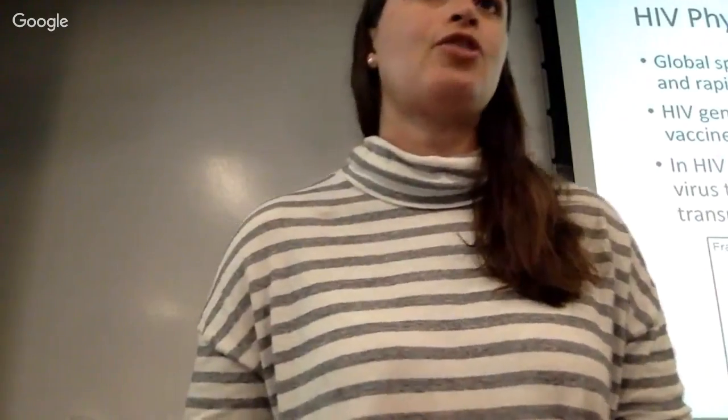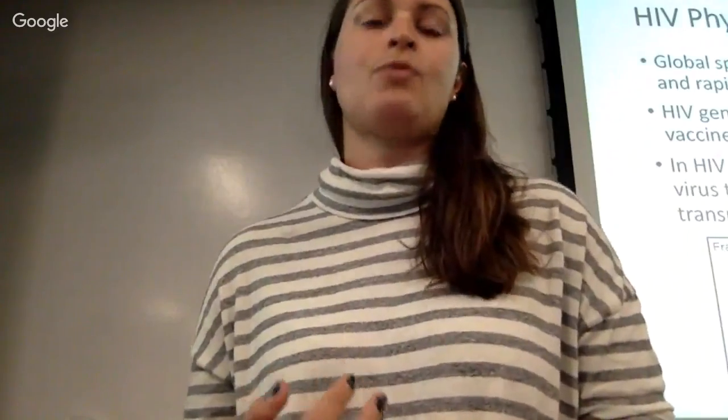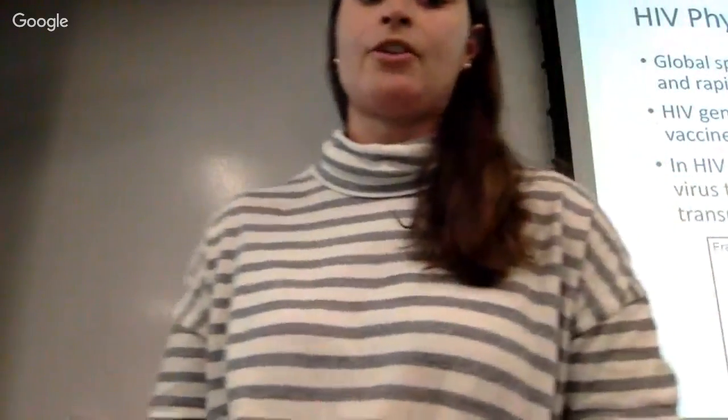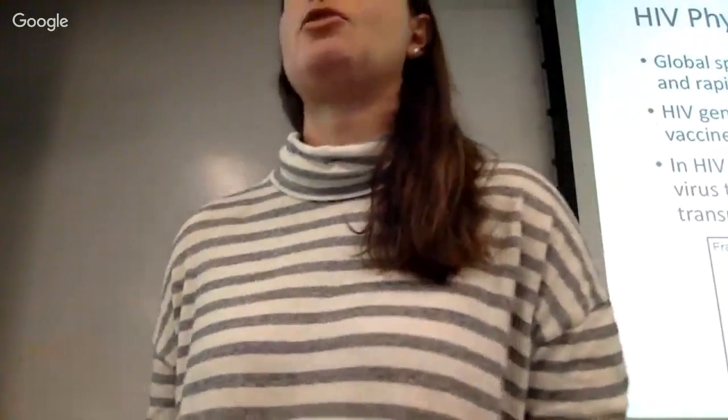The virus has very short generation times, high substitution rates, as well as a small genome, which is shown here. This great genetic variability has an impact on diagnosis, on disease progression and treatment, as well as transmission, and it also really hinders our efforts for vaccine development. So HIV's genetic diversity is really important to study.